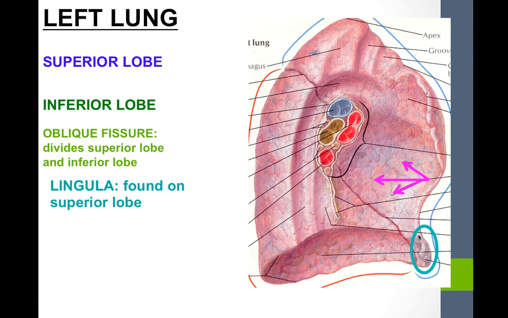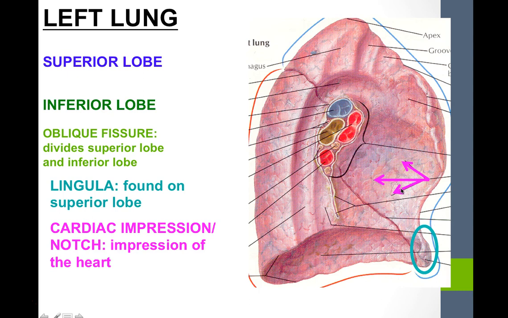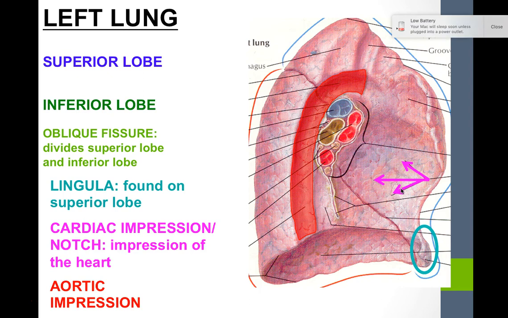That brings me to these pink arrows. This is your cardiac impression or cardiac notch, where the heart would sit nice and close to the left lung. And then we have this other impression here in red, which would be the impression from your aorta.